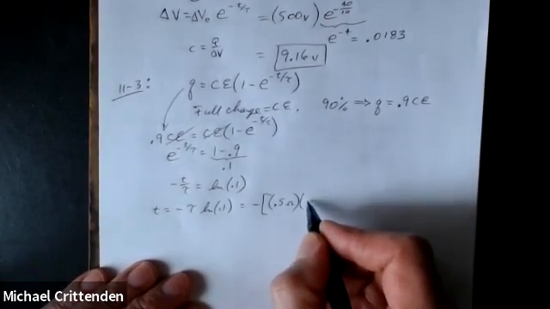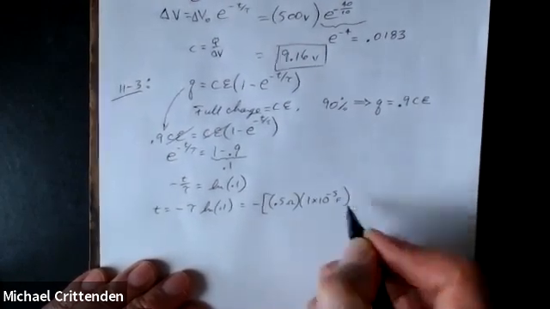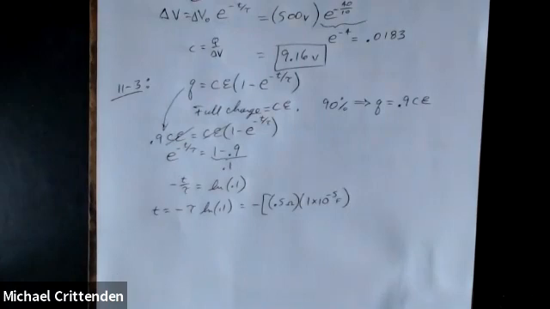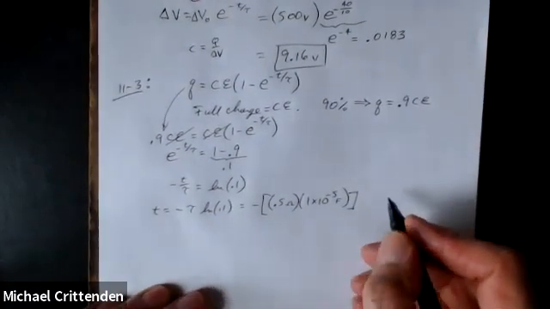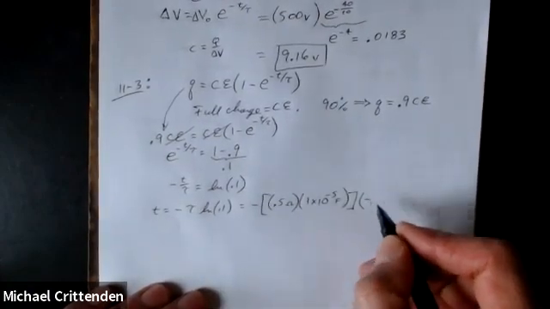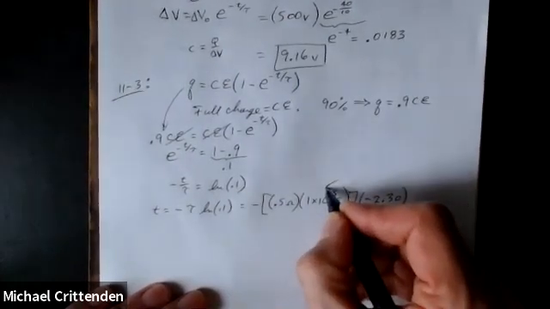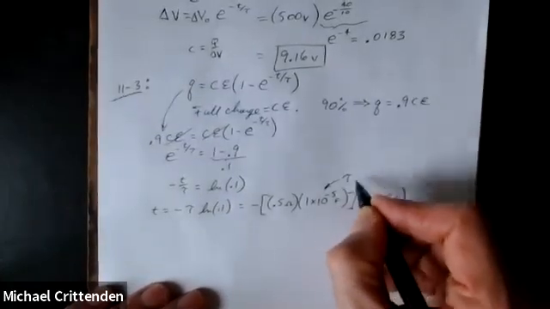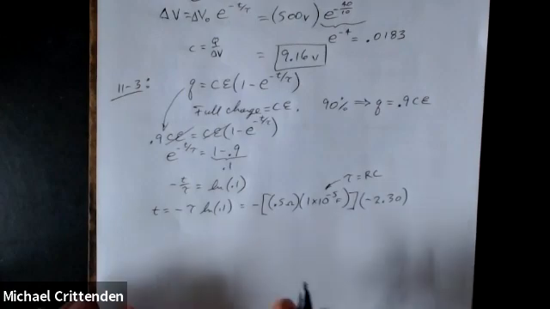C is 10 to the negative fifth of a farad, 10 microfarads. Natural log of 0.1 is negative 2.3. And here's the part where you use the calculator.